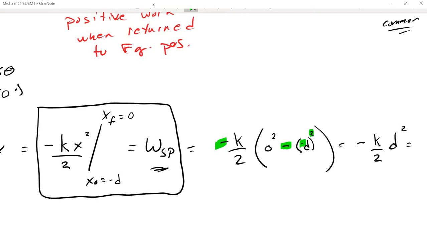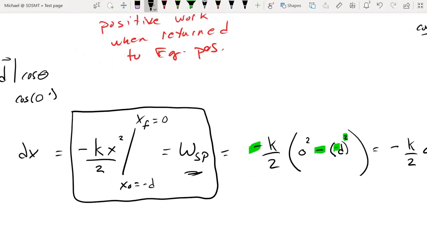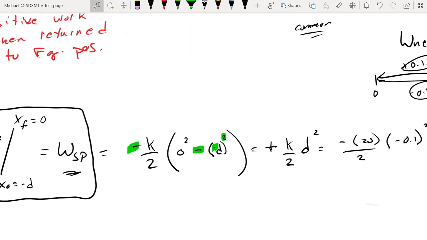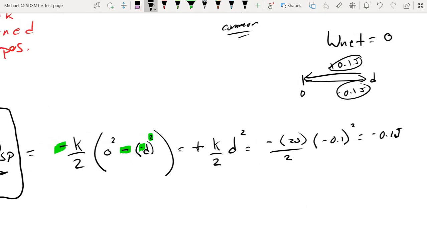So 4 negatives. That's going to result in a positive outcome for the work. But we're using the same numbers. So let's see here. That one turns positive. This one can stay negative because we're squaring things. And so we get positive 0.1 joules. So we can also say that the net work done by compressing the spring and allowing it to return to equilibrium is also 0.